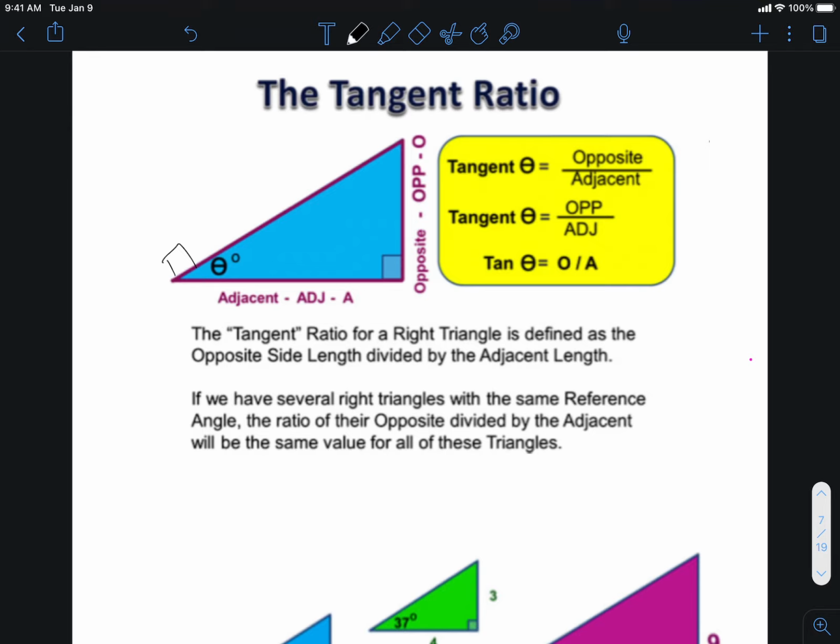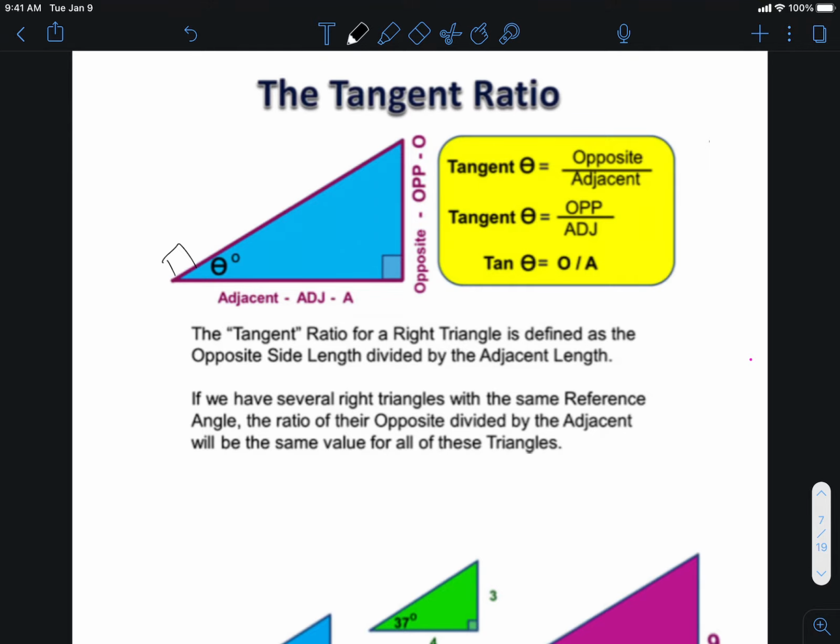What you can see here is that opposite and adjacent are new words for you from a mathematical standpoint. But you know the meaning of them relative to the triangle, and we just finished doing it.